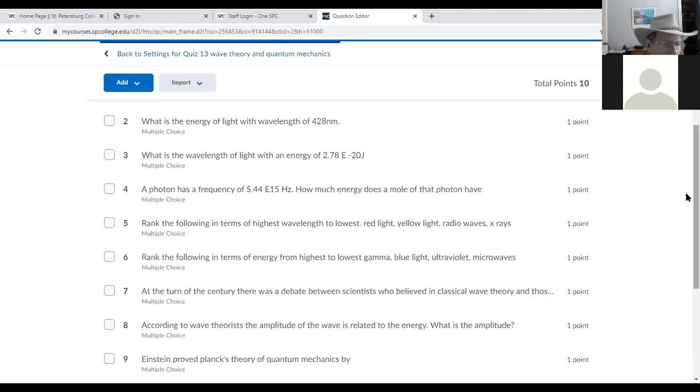I do that math out, I come up with 3.61 times 10 to the minus 18th. Are you with me so far? Yeah. Okay, now that is the energy of 1 photon. How much energy does a mole of those photons have? So basically, you have to multiply this by 6.02 times 10 to the 23rd, and you end up with 2.17 times 10 to the 6th, which I think is the correct answer.